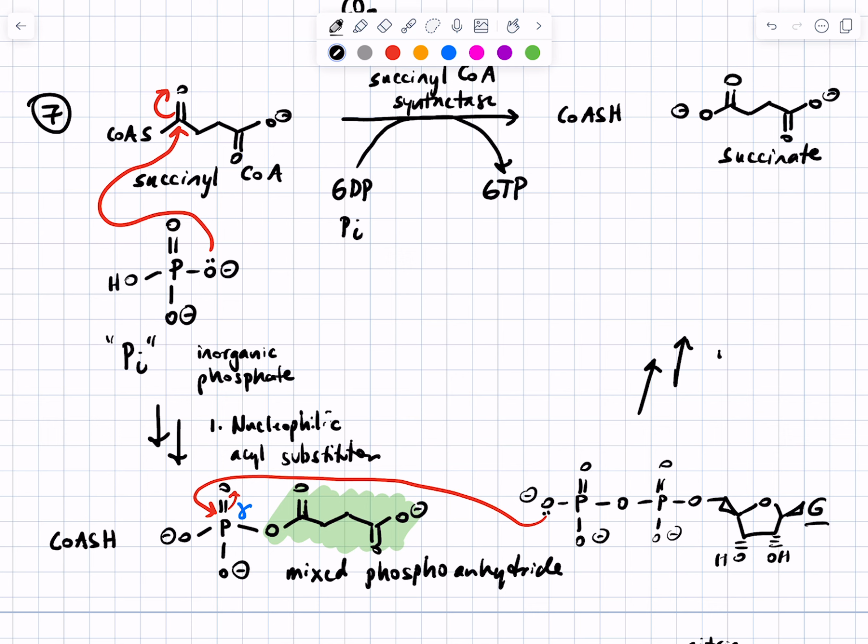So step 2 is basically another nucleophilic, maybe not acyl, but phospho substitution. And that gives you GTP and succinate.